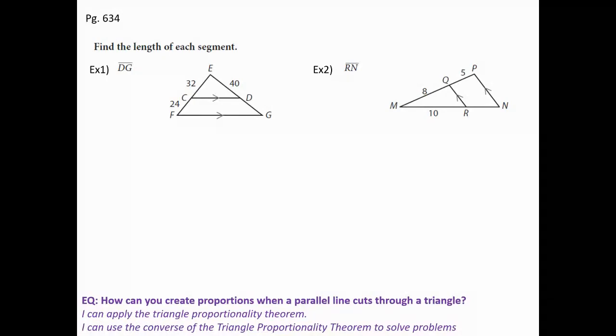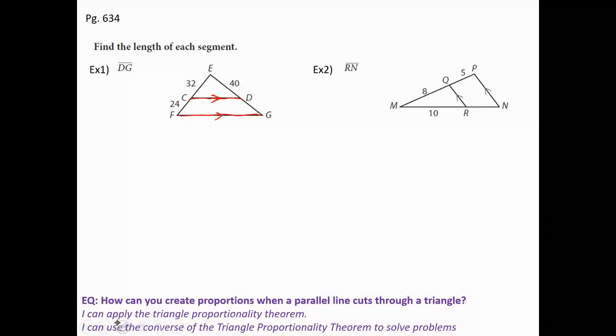So I will hopefully come over here and show you a calculator. Alrighty, so we automatically know that these are parallel because it says it. This little arrow means that it's parallel to this one. So we already know these are parallel. So that's key. You've got to make sure they are parallel.